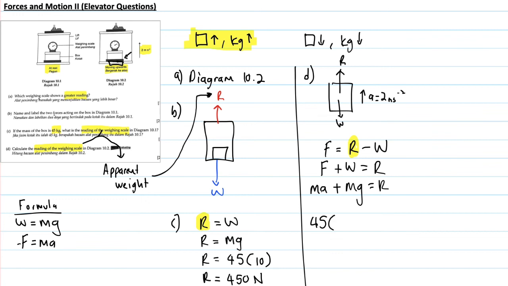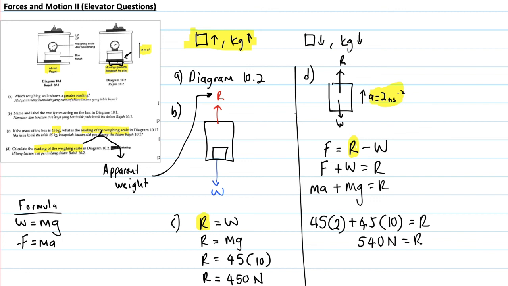The a value, you do not use gravitational acceleration. We use the acceleration given in the question right here, the acceleration of the motion, which is 2, plus 45 again, gravitational acceleration is 10, equals R. We will be getting 540 Newton as your R value, or also the reading on the weighing scale.